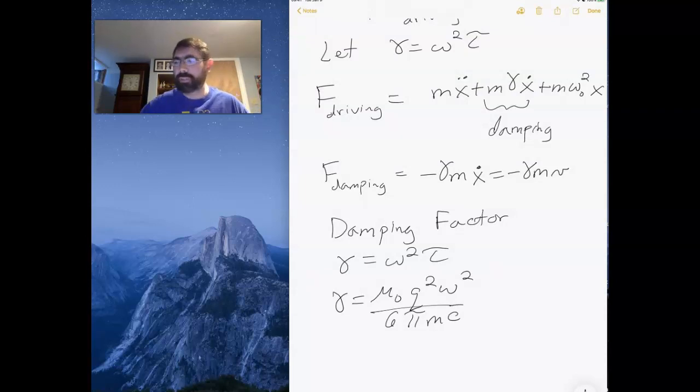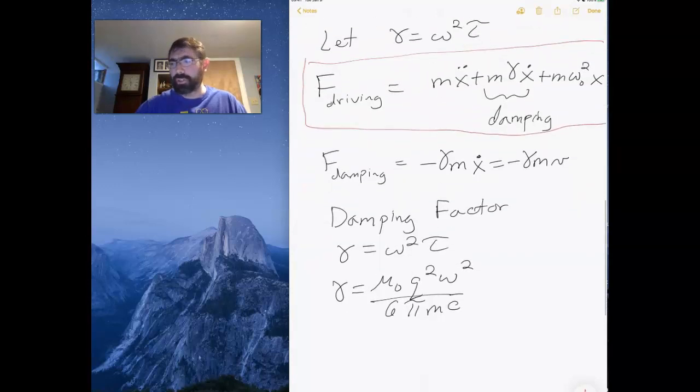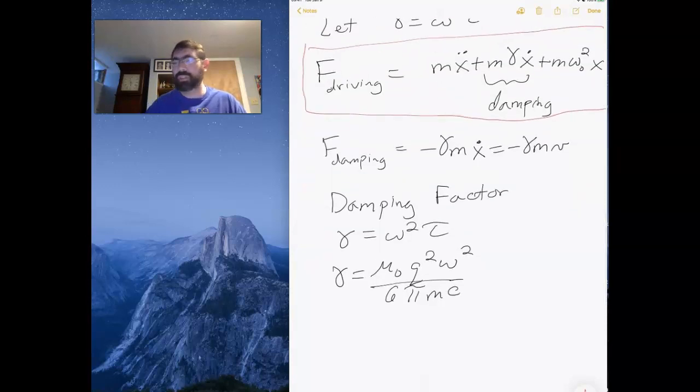Well, we discovered that we can write now our equation for the forces as this second order differential equation, and the inputs now to that are these quantities here, where it depends on the permeability of free space, the strength of the charge, the frequency at which you decide to drive that system, and the mass of the particle.